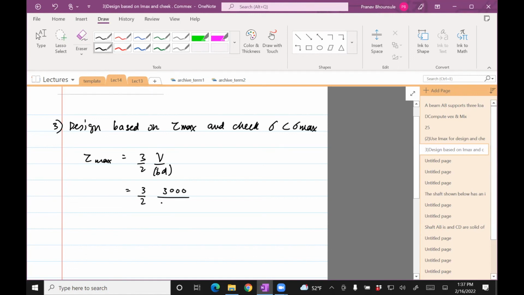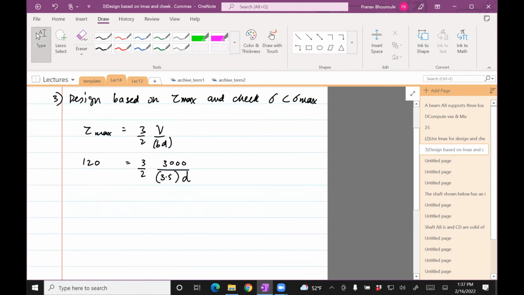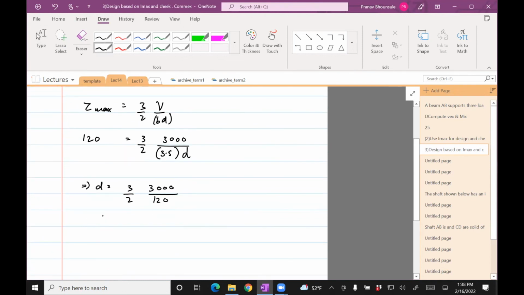B is 3.5, D is unknown, and the maximum shear stress is 120. So I can use this to solve for D. So 3 divided by 2, 3000 divided by 120, and this gives me 10.714 inches.